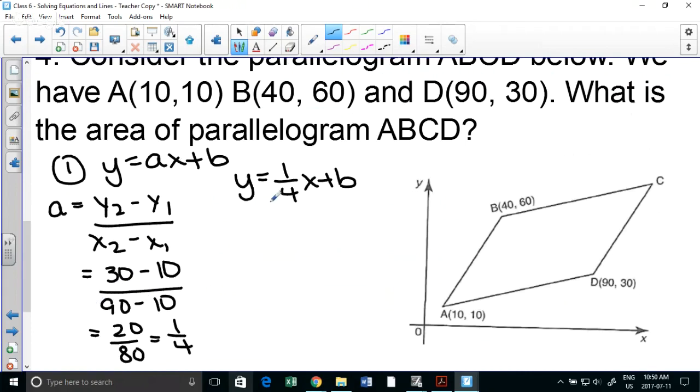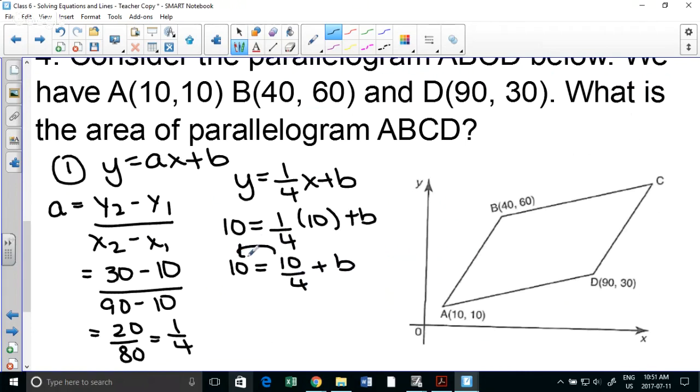I'm going to plug in either point. It really doesn't matter. 10 equals 1 over 4 times 10 plus b. So 10 is 10 over 4 plus b. And if I move this over, I get 15 over 2 is my b.